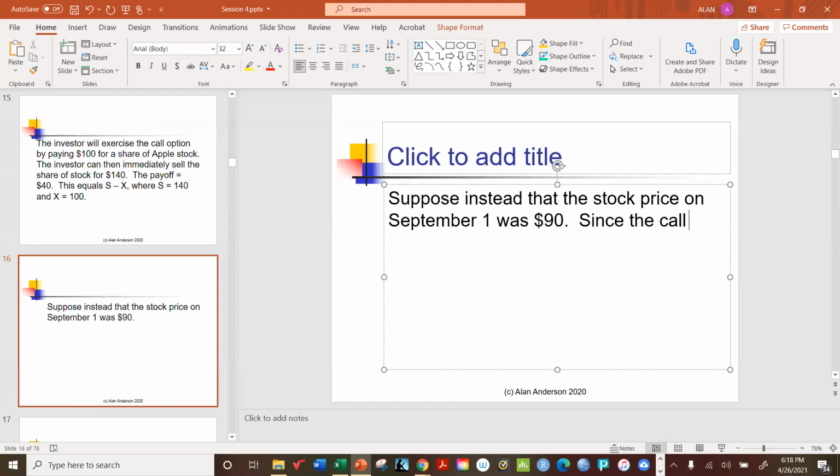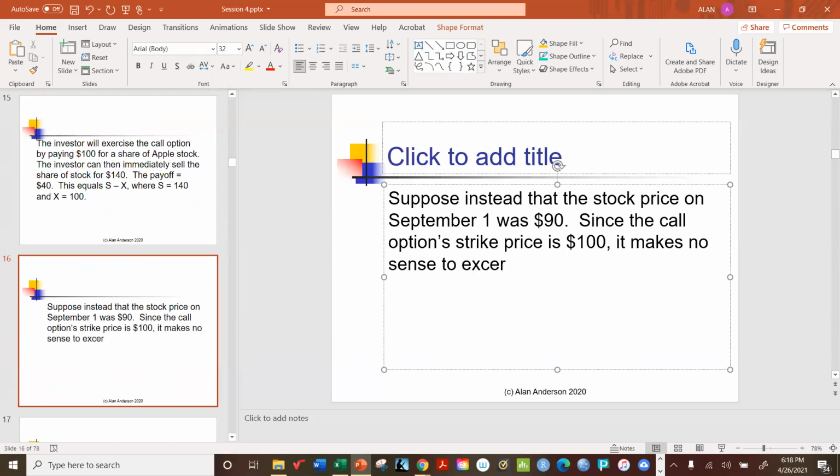Since the call option's strike price is 100, it makes no sense to exercise the call and pay $100 for a stock that is only worth 90.